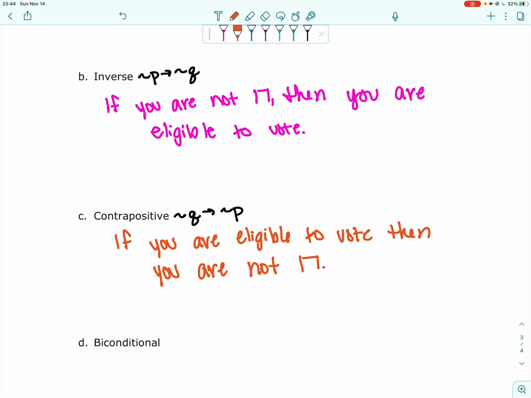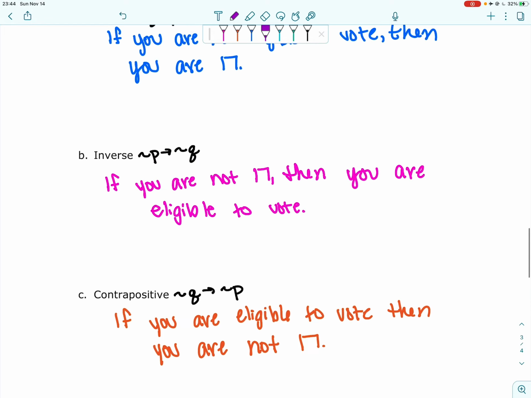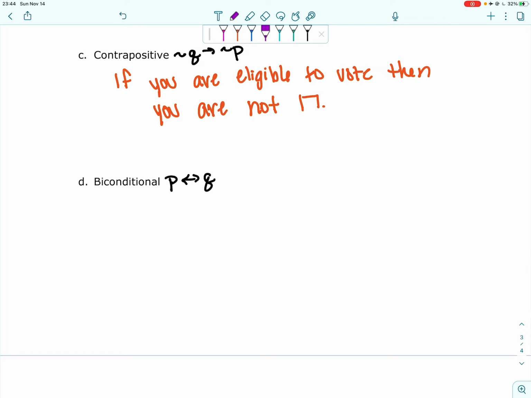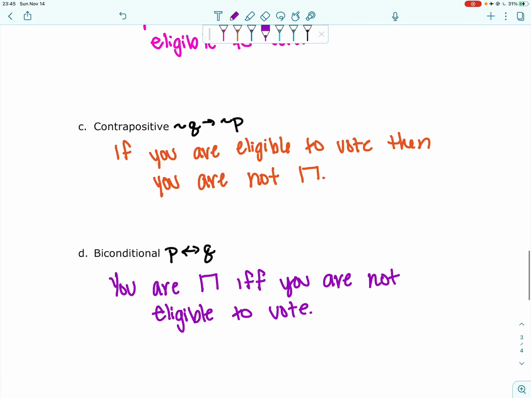That one does work. And lastly, our biconditional, P if and only if Q. You are 17 if and only if you are not eligible to vote. And there we have it. Another example of the variations of the conditional statement.